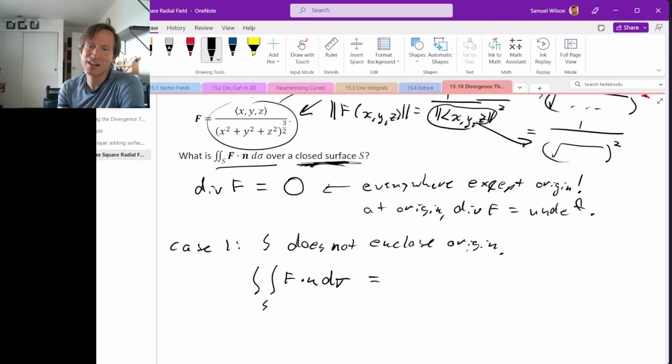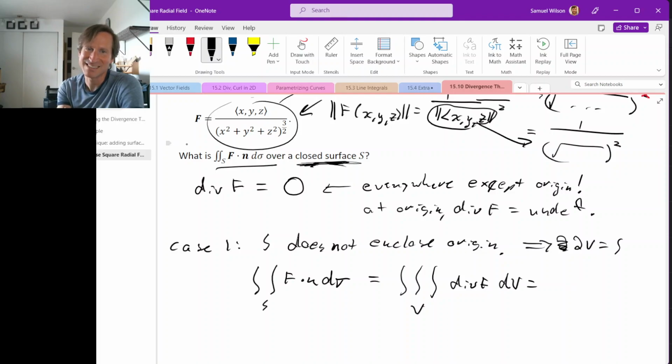If our surface does not enclose the origin, then our surface is the boundary of whatever volume is inside of it, right? It's a closed surface, and as long as it doesn't enclose the origin, then the divergence of the vector field is defined everywhere inside the volume, but, you know, I'm leaving it as an exercise that the divergence of this vector field is 0, and so we're integrating 0 over whatever the volume is, and so we get 0.